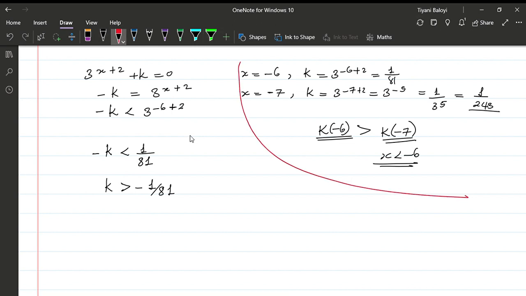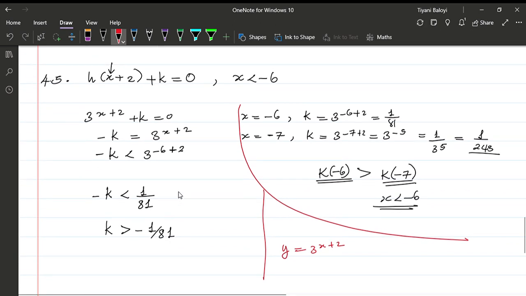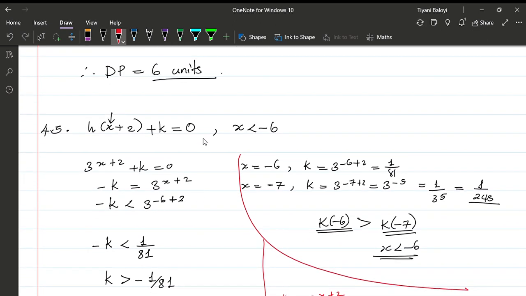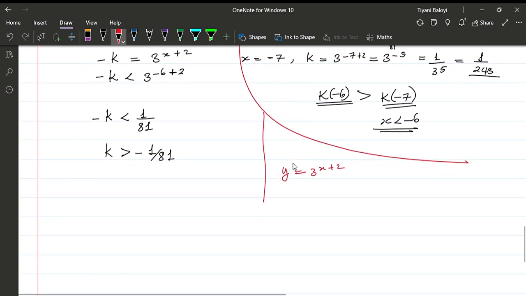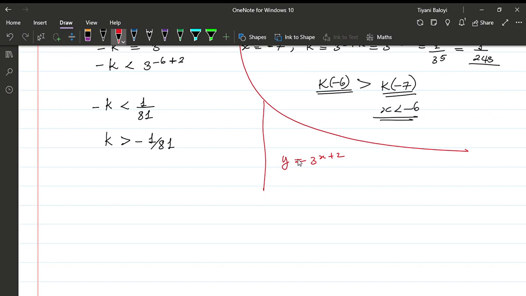So this is 3 to the power x plus 2. We want to see if our values of k also include 0, right? So which value of x will we put here to give us 0? There is no value of x that we can put to give us y equal to 0.